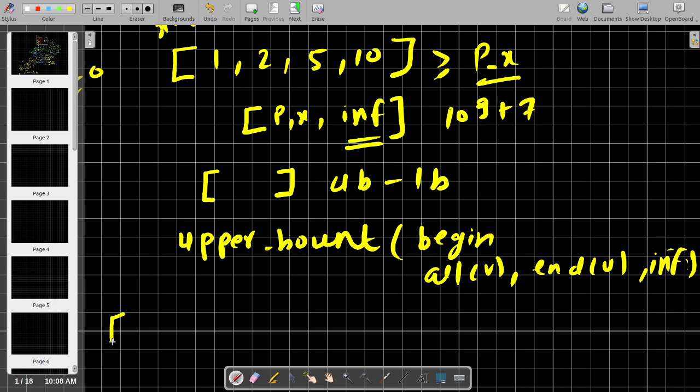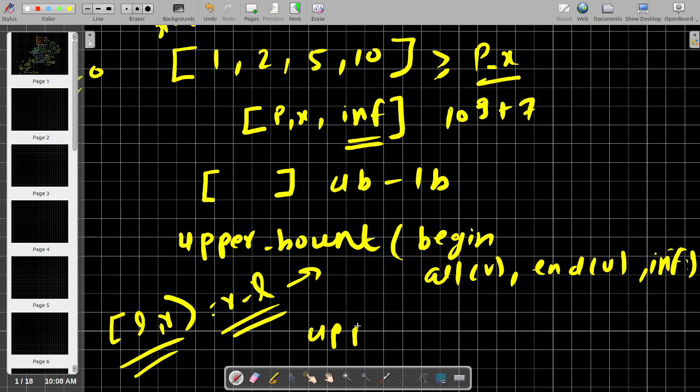It's the same as counting how many numbers are in the L to R range, so we could say there are a total of R minus L. This is based on the same concept that upper bound minus lower bound gives the total number of elements in that range.